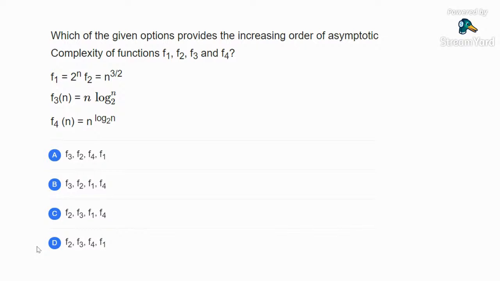If I just compare the powers, the first power is n and the second power is log n. So f1 will be larger. So the correct option is: first f3, then f2, after that f1, and then finally f4.